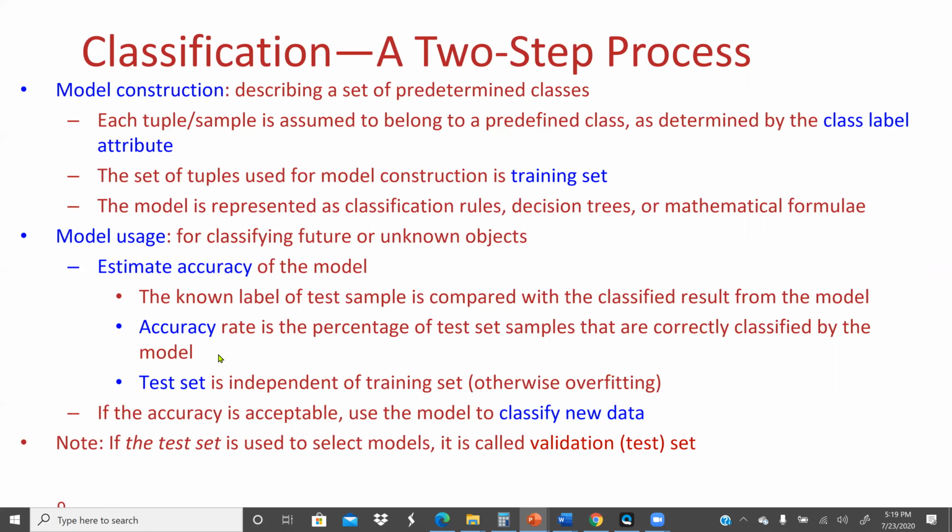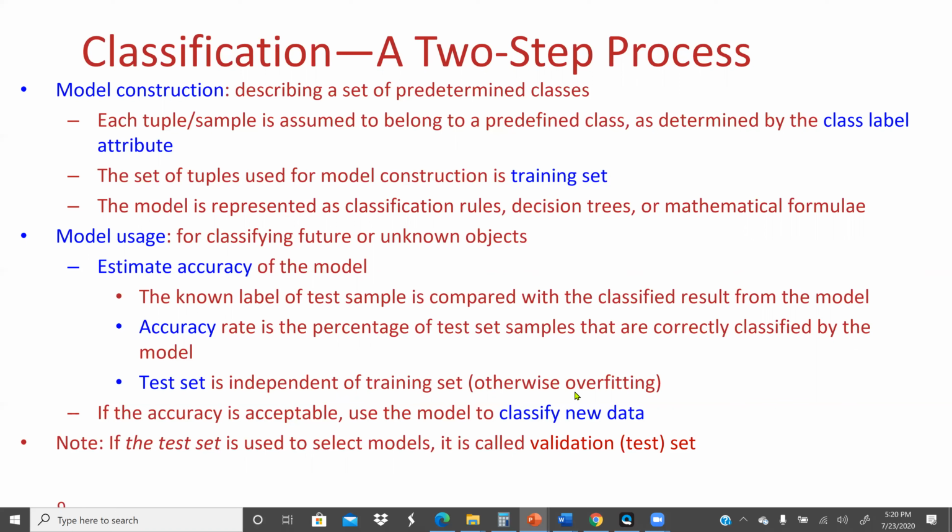For example, let's say we have 10 records and we build a model and do classification. If 8 out of the 10 are correctly classified, it means we have 80% accuracy. Also, the test set must be independent of the training set, otherwise it will be overfitting.